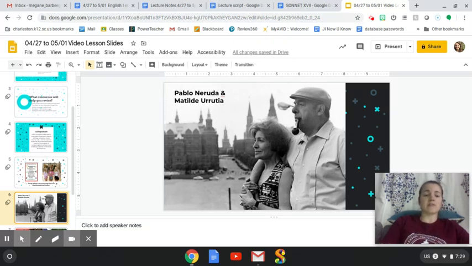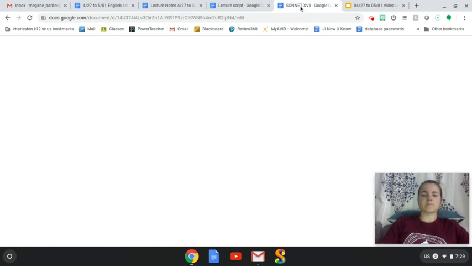Pablo was actually having an affair with Mathilde when he was still married to his second wife. So it's interesting to read the poem before knowing that, which I didn't realize until this week, that this love was an affair. The nature of their love, which was hidden for so long, really seeps through in his lines about darkness and secrets and shadows. So I'll go ahead and read that in this video lesson.